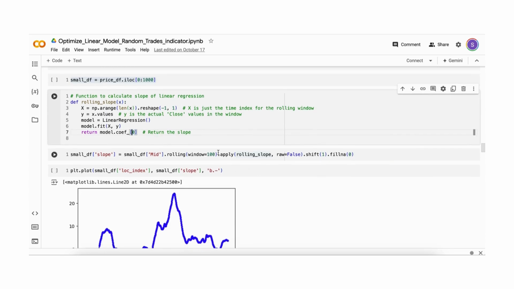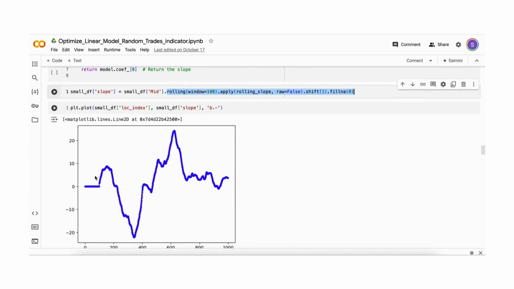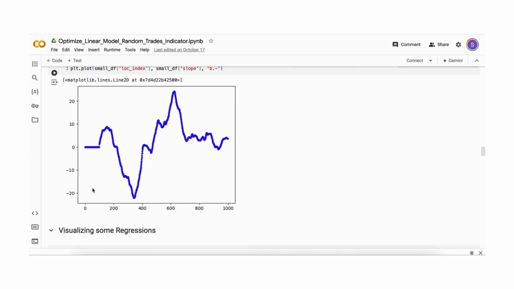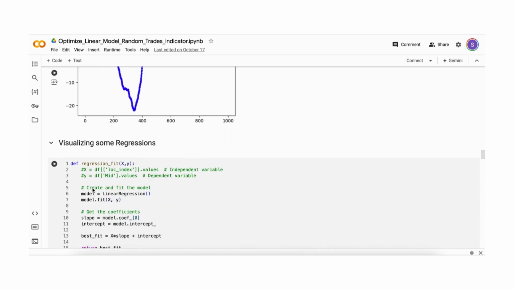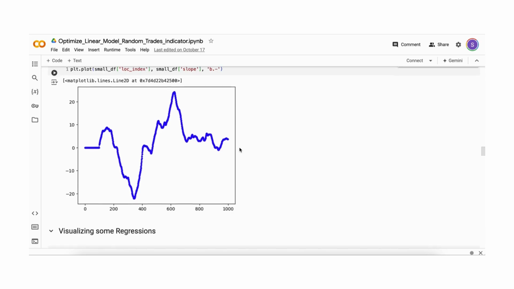And so by using the apply function in pandas, we are able to do this in a rolling manner for all the values in this data frame. We calculate this slope just to get an idea of where to set a threshold. Based on a general idea, we set a threshold at around 2, but we are going to be able to optimize that after we do an initial run of our algorithm.